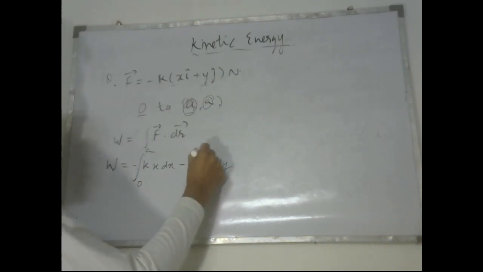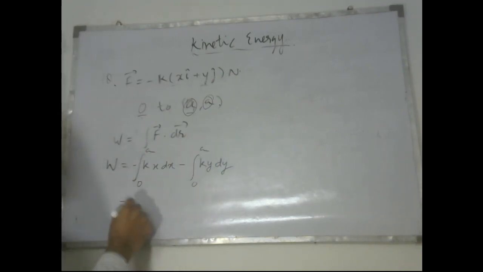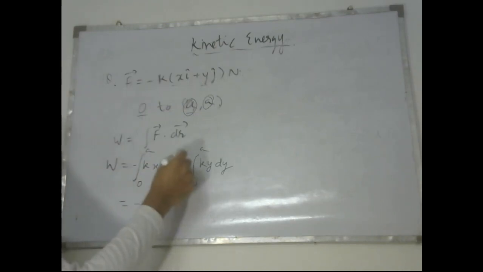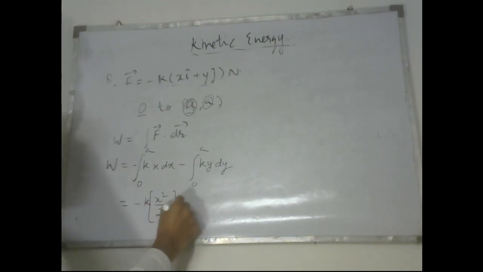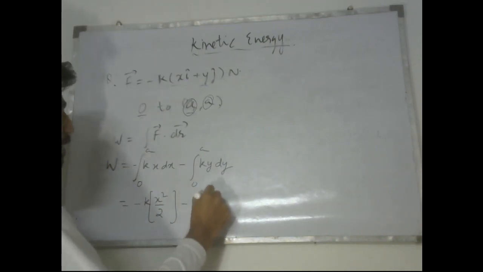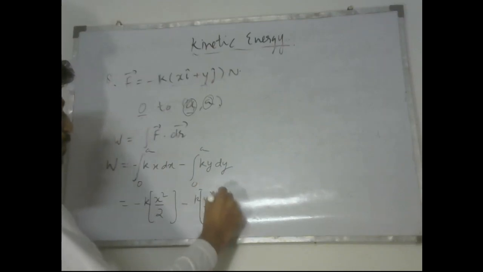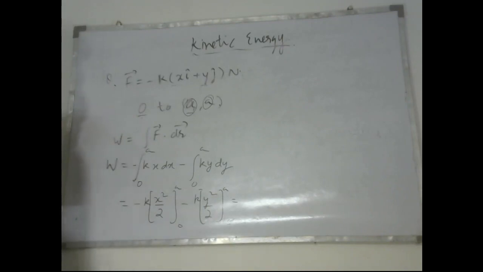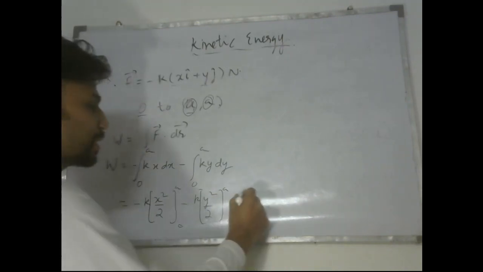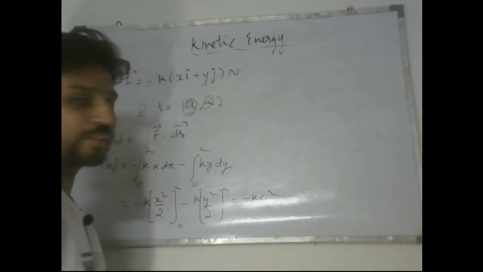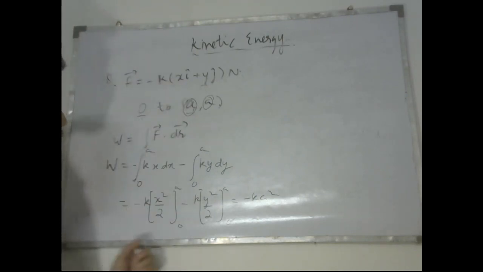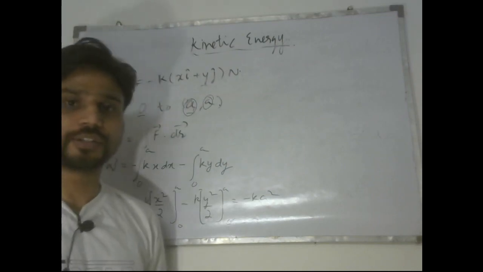After integrating, we can easily say that this would come out to be minus k x square by 2, as x dx is integrated, and similarly y can be integrated to y square by 2, also going from 0 to a. So what would this expression add up to? It would add up to minus k a square. So this would be our net work done by the particle, as the particle is going from the origin to a comma a.